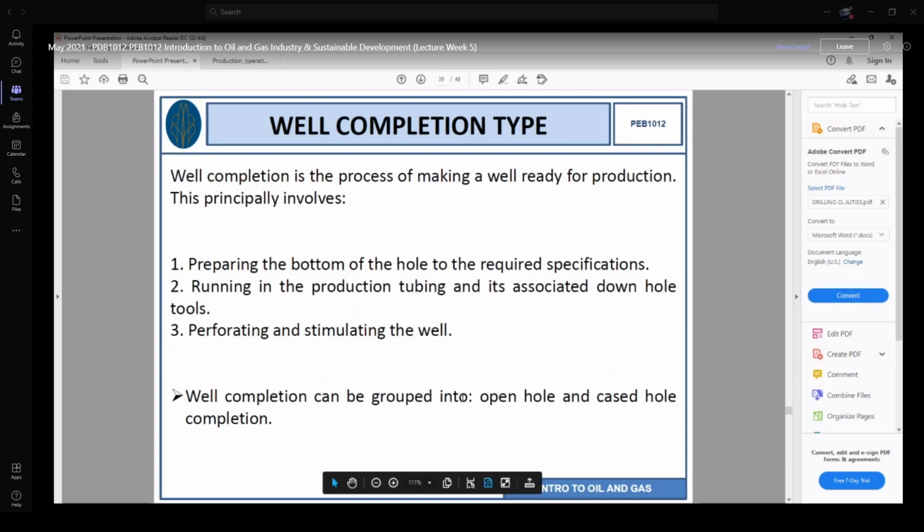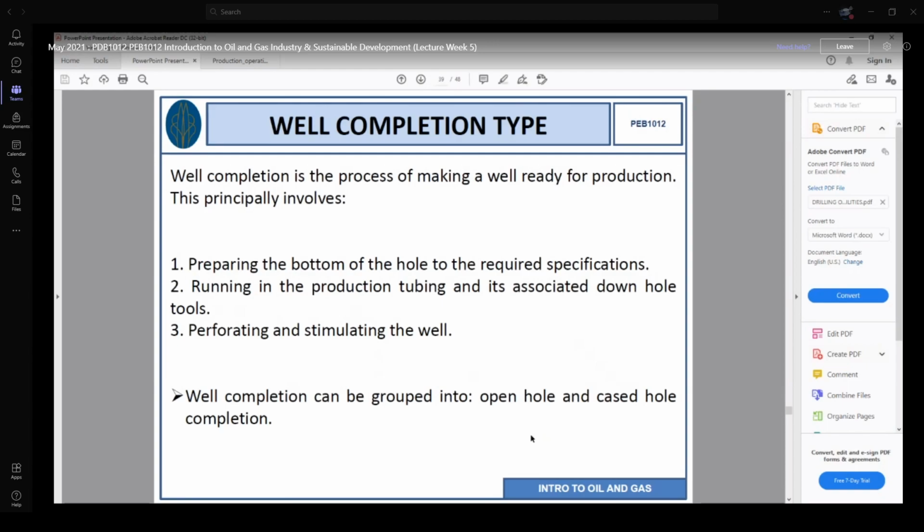So there are two types of completions. One is the open hole completion, and another is a cased hole completion. Open hole completion means in this hydrocarbon zone, we don't run any casing, right? It's open. We drill with the bit, and we don't run any casing, and we directly run a tubing in it and start producing from that. That's open hole completion.